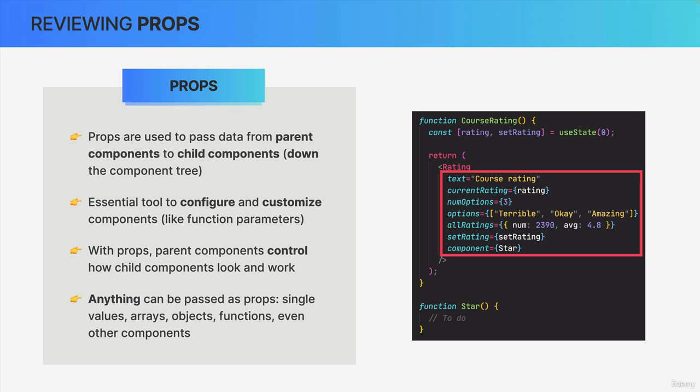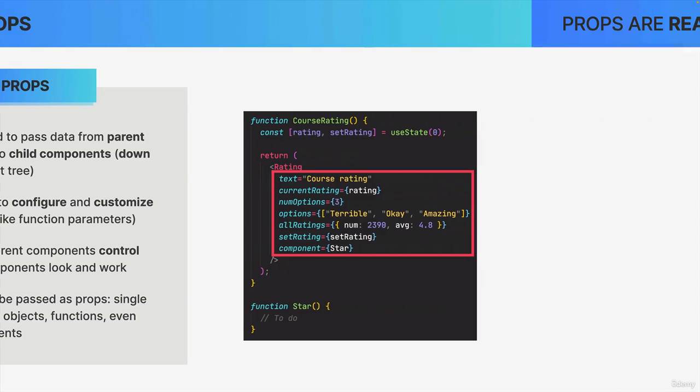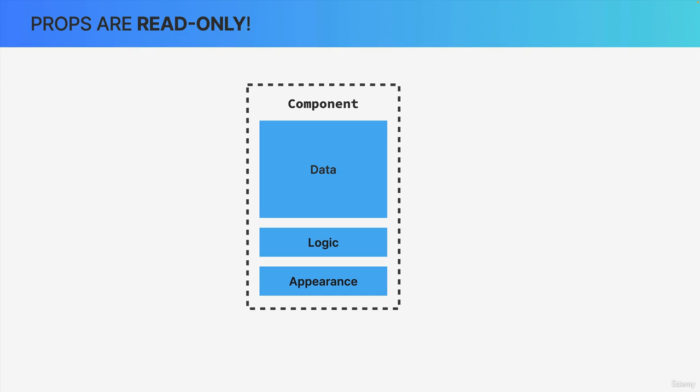So those are the fundamentals of props in React, but now let's dig a little bit deeper. But before we do that, we need to first take a step back. So at this point of the course, we have already learned about the component's appearance and its logic, by writing both JSX and JavaScript logic inside components.